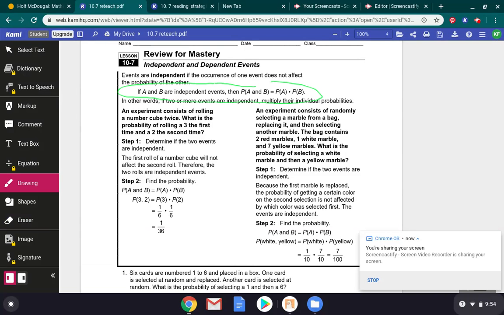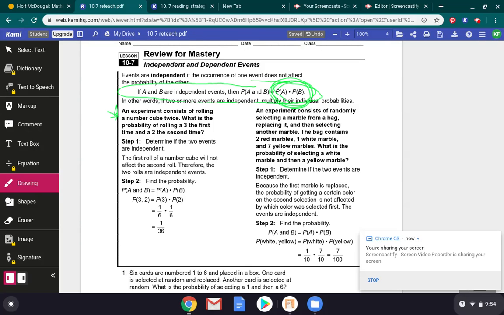So if A and B, which are your two different events, are independent, one does not affect the other one, then that's how we're going to write the probability. So it's probability of A and the event of probability of B. So what we're really going to do is actually just multiply the probabilities together. All right, so let's take a look at an example.